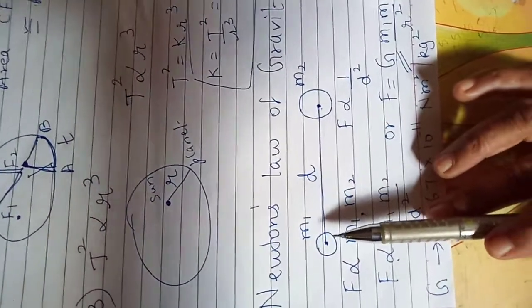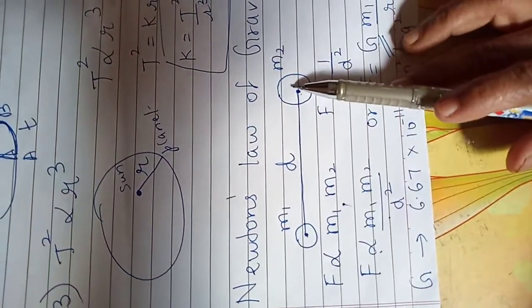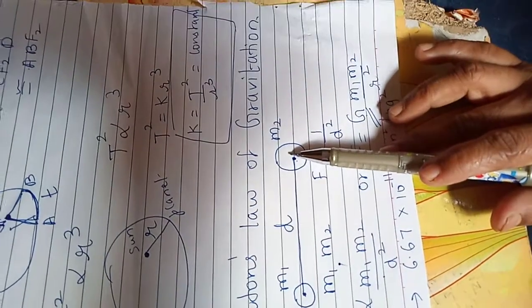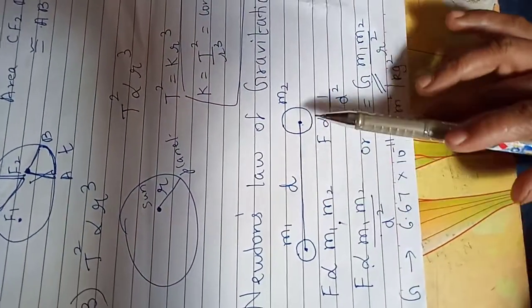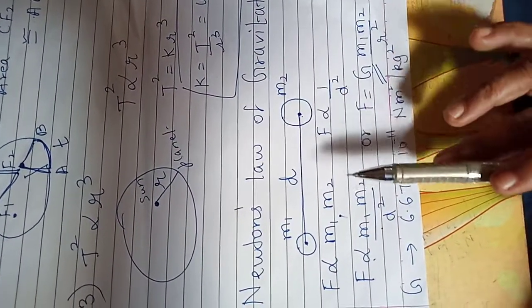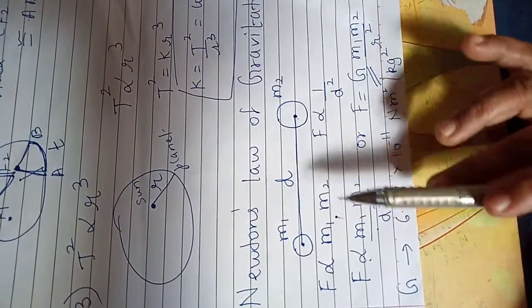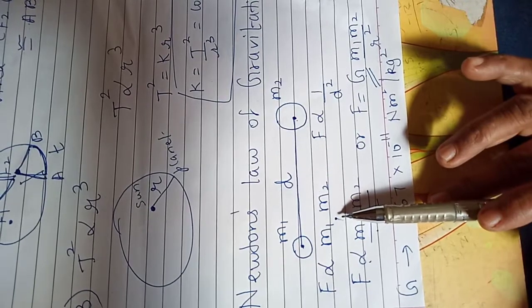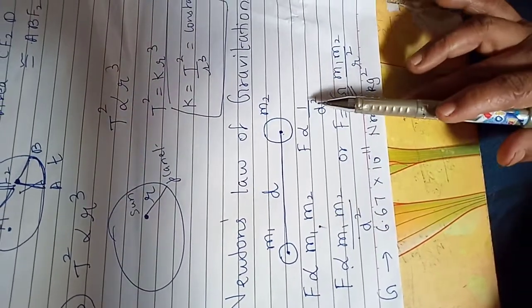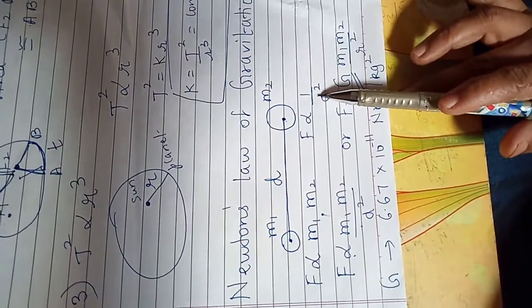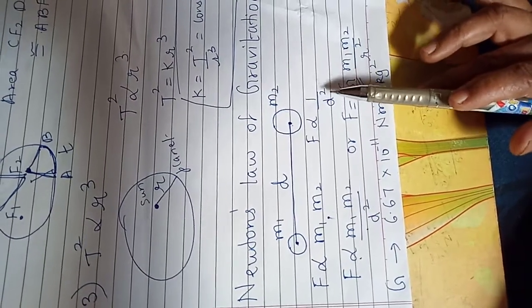Newton's law of gravitation: m1 and m2 are the two particles of masses. Please draw them of unequal sizes. Even though these are circles, they should be of unequal sizes. The force of attraction between them is directly proportional to the product of their masses and inversely proportional to the square of the distance between them.